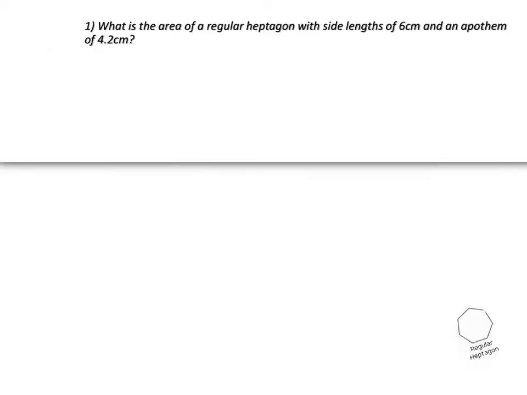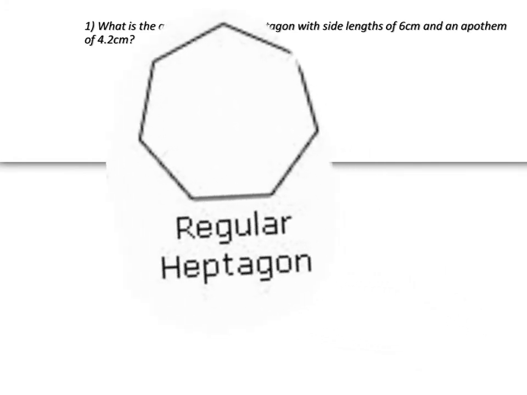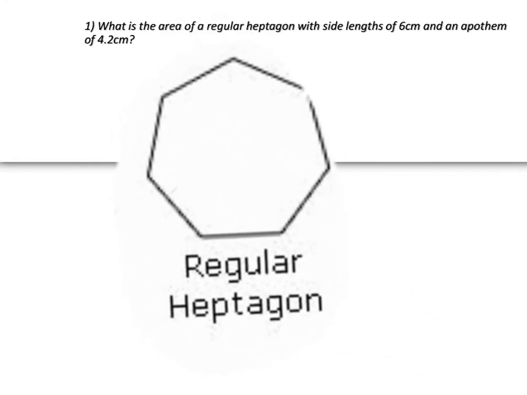So this question is, what's the area of a regular heptagon with side lengths of 6 centimeters and an apothem of 4.2 centimeters? There's a couple new vocab words here. We have a regular heptagon, that's 7 sides. The prefix hepta means 7 sides.